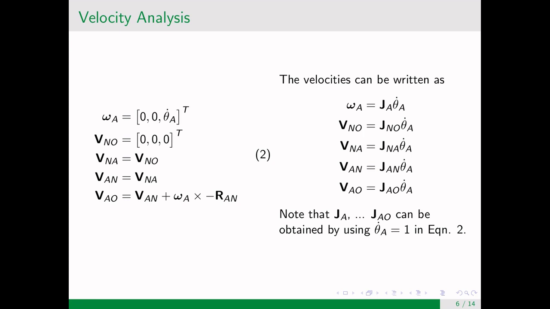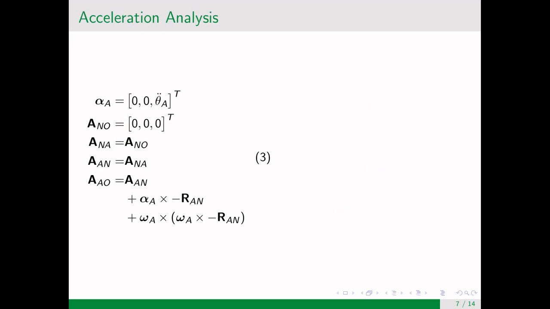These Jacobians can be determined by simply putting theta A dot equal to 1 in the set of equations for the velocities. When codifying it, all we need is a subroutine where all the velocities are computed, and we pass theta A dot equal to 1 to the subroutine, and we get the Jacobians.